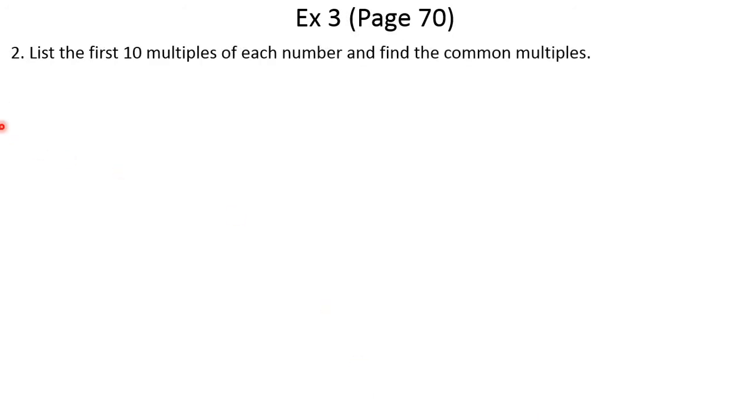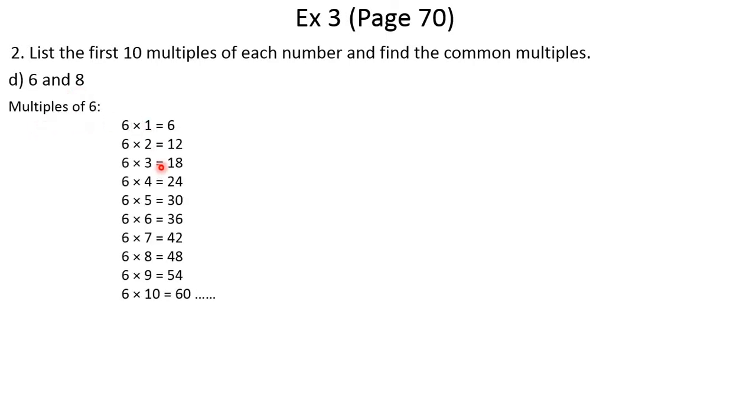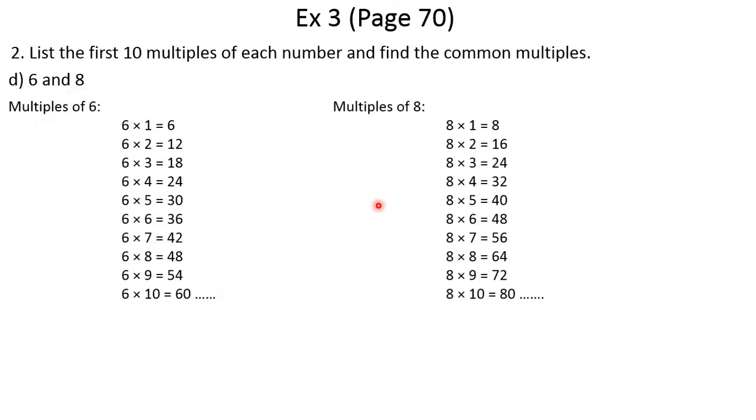Kids, let's now do D part of the same question to get better understanding. Here you have to find the common multiples for 6 and 8. First, we will list down the multiples of 6 and the multiples of 8. Now, we will write down the first 10 multiples of 6.